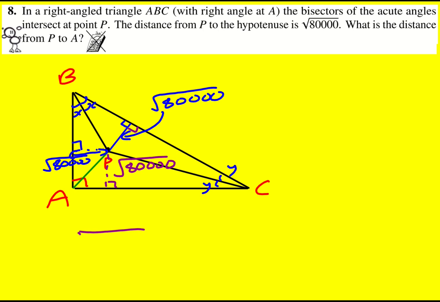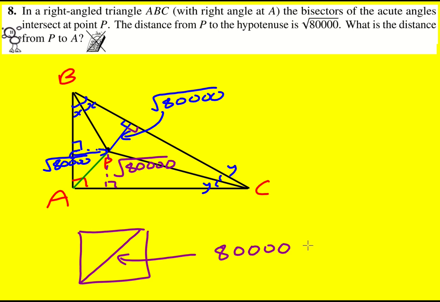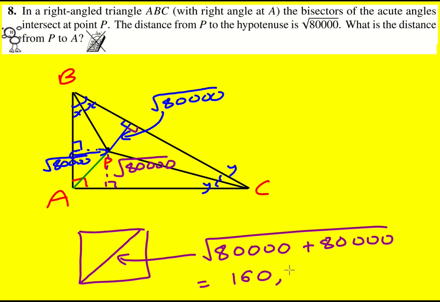And now we've got a square, root 80,000 by root 80,000, and we want to find the diagonal. So it's going to be root 80,000 squared, which is just 80,000, plus root 80,000 squared, which is again 80,000, square rooted, which is the square root of 160,000.